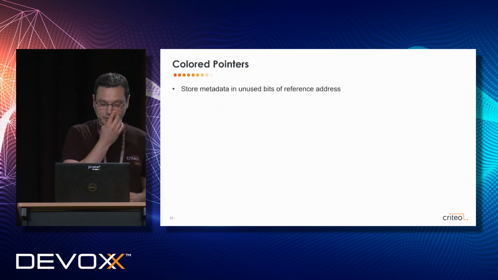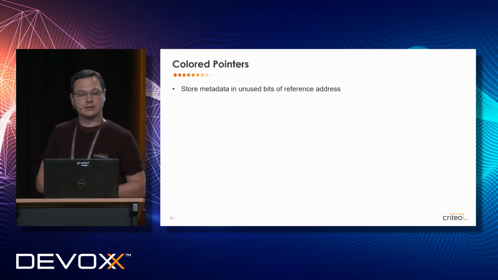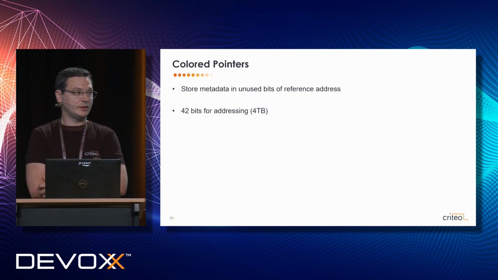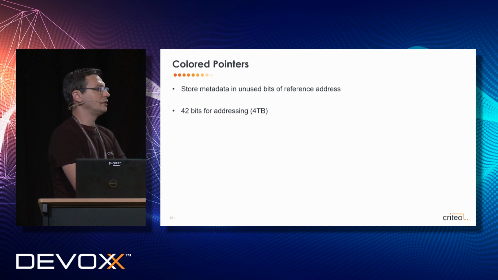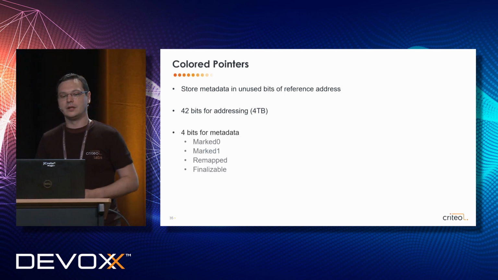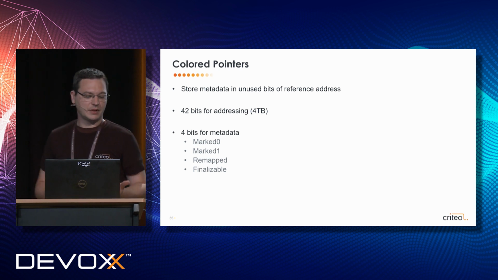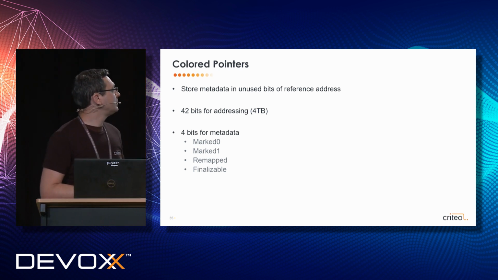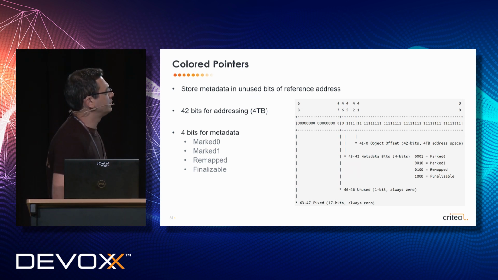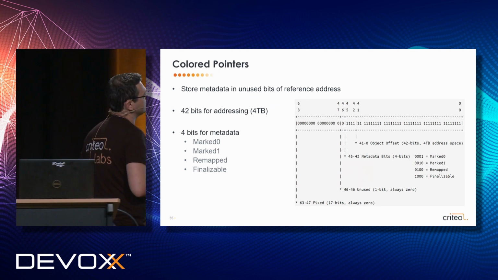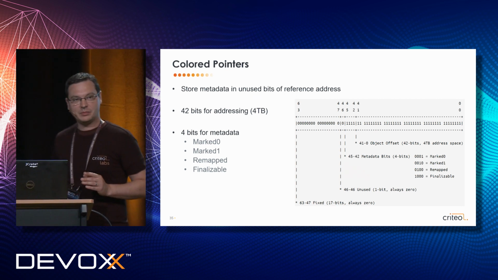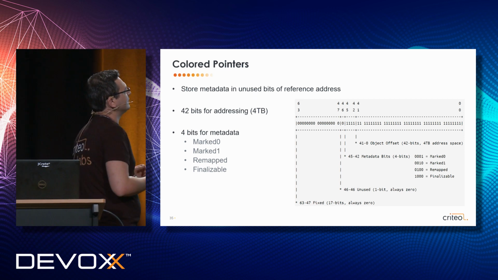So ZGC also uses colored pointers. We store metadata in unused reference bits. They use 42 bits for addressing currently, so it means that the heap size will be maximum 4 terabytes. And they use 4 bits for metadata: mark 0, mark 1, remapped, finalizable. That's from the source code, where you have this kind of documentation. So as you see, on 64 bits there is plenty of space at the end.